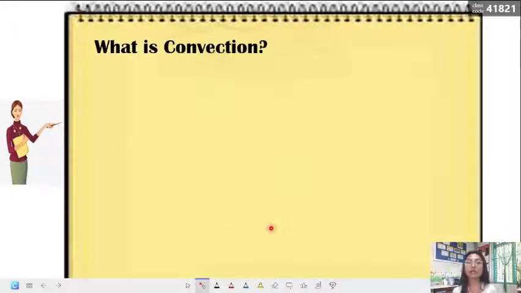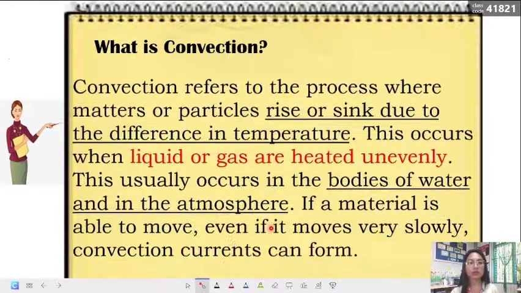Now, let us unlock what is convection. Convection refers to the process where matter or particles rise or sink due to the difference in temperature. So, take note of the underlined words, rise or sink due to the difference in temperature.